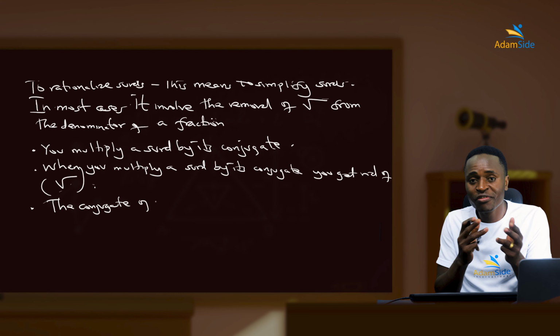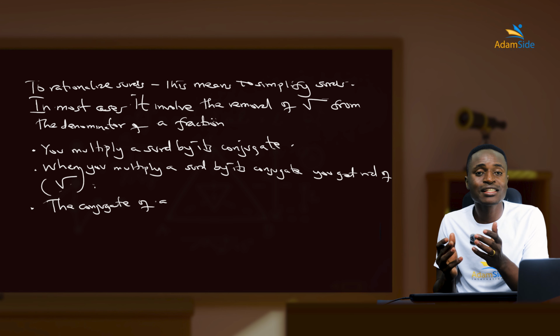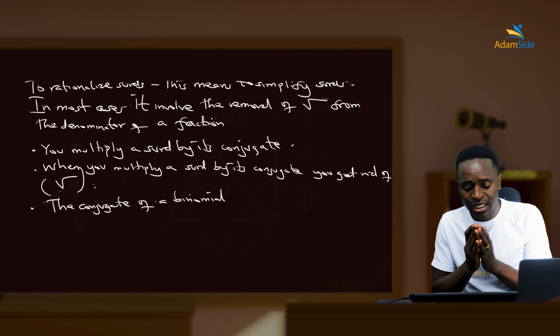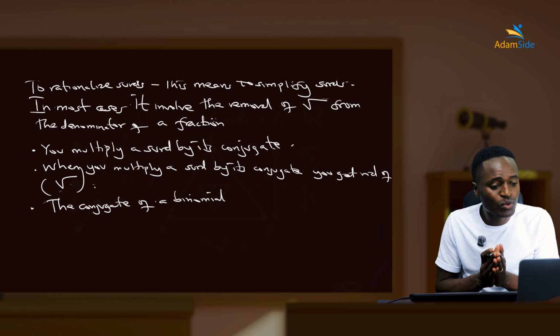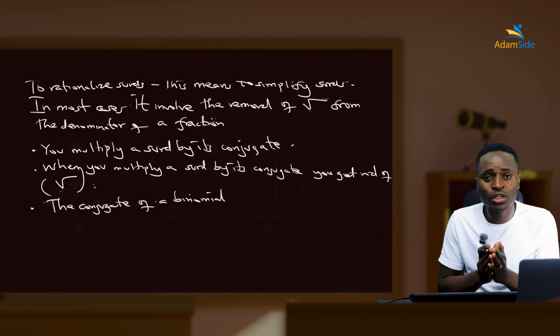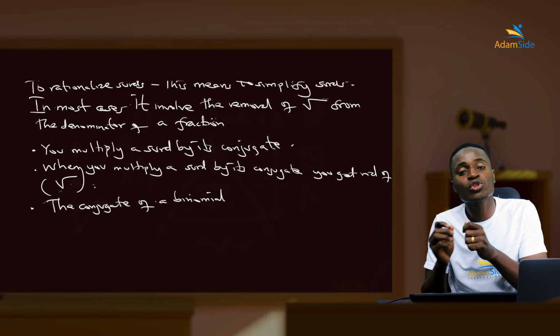So that when you simplify by expanding, it is the same as finding the difference of two squares. And that's it. So in rationalizing surds, the conjugates are frequently used to eliminate the radical. It means you remove the square root sign. In other words, you're going to simplify the square root sign.